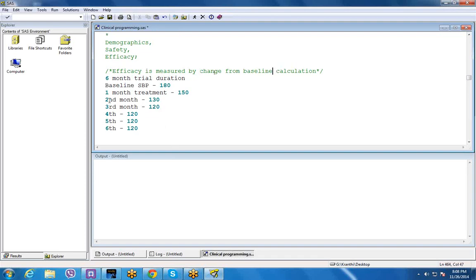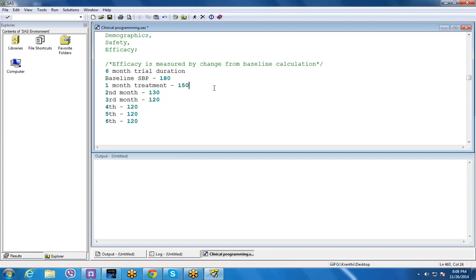Change from baseline. What's the baseline value? 180. What's the change after 1 month? It's 150, so 150 minus 180 is a reduction of minus 30. So 30 decreased, so it's effective. Then 130 minus 180 is minus 50, so the second month decreased by 50. Then 120 minus 180 is minus 60.